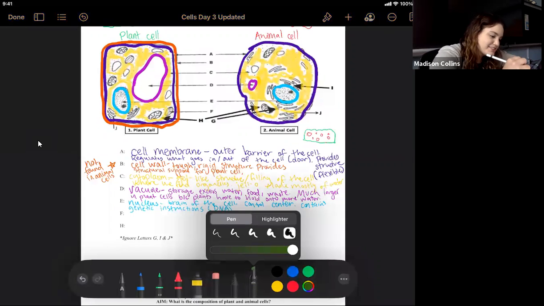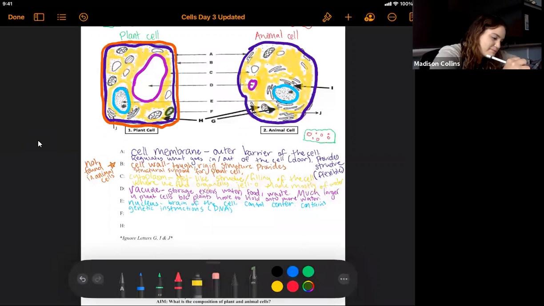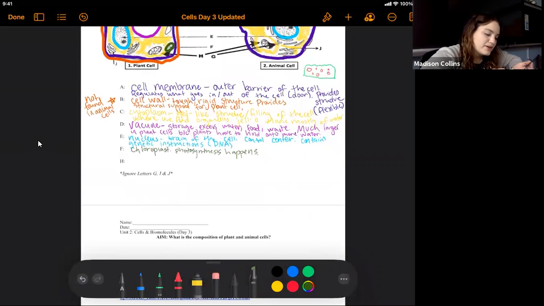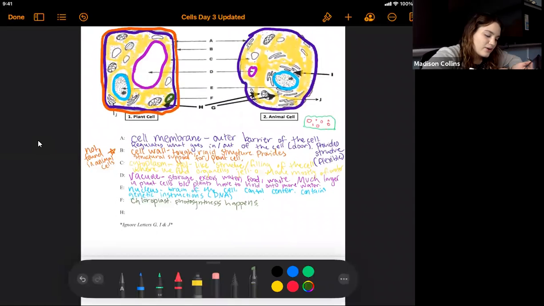All right, so structure F, we see right here. And we only see it in the plant cell. And that's because structure F is the chloroplast. Okay, so the chloroplast is where photosynthesis happens. And we'll talk more about photosynthesis in the future, but you just need to know that this is basically how the plants turn sunlight into food.